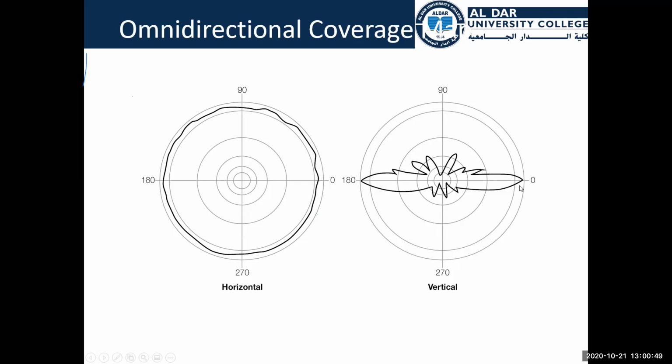Now you can understand the coverage map carefully, and you can design your antenna or locate the access point in a good design. I will tell you about that in the next slides, that you have to plan the locations of the access points according to the coverage map.